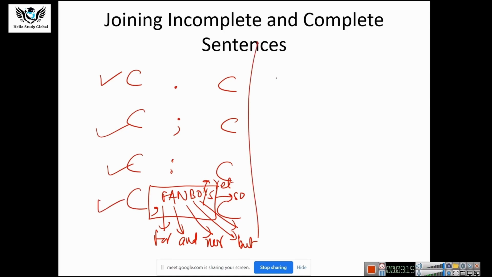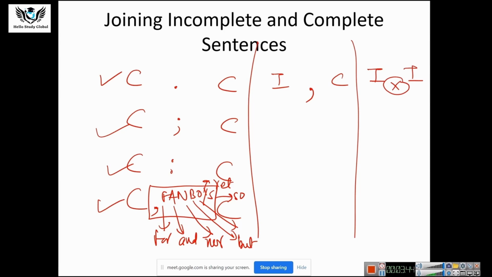There's just one method to join one incomplete and a complete sentence, or a complete and incomplete sentence. And what is that method, guys? We simply put a comma. To join an incomplete and a complete sentence, we simply put a comma. And the third category is where we connect two incomplete sentences, and remember, no punctuation is required to connect two incomplete sentences, right?